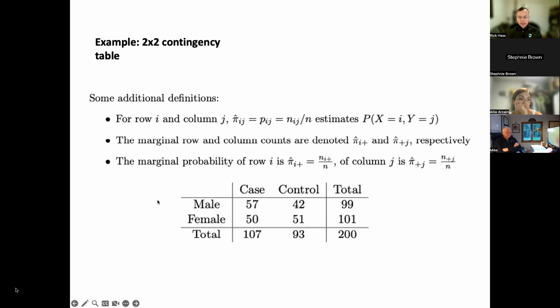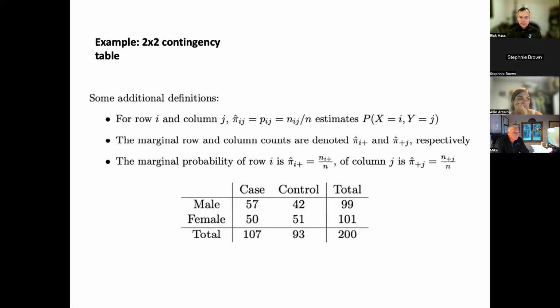So the point is that the way that we approach looking at the relationship between categorical variables is in dealing with these different totals, the cell totals, the marginal totals, and their probabilities. Right?